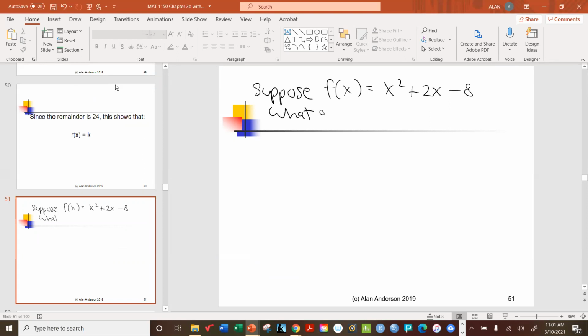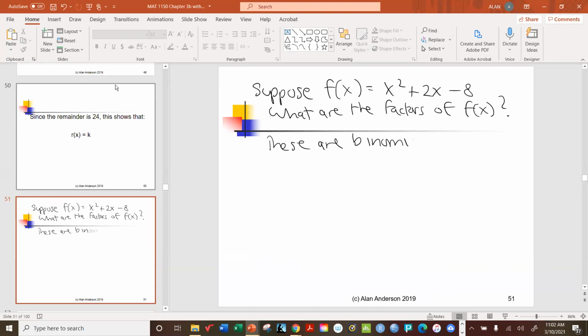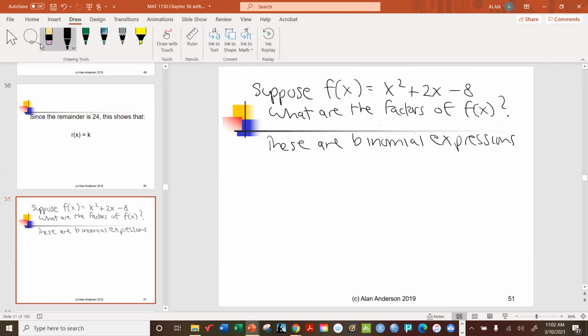What are the factors of f of x? Well, these are two binomial expressions whose product equals f of x.